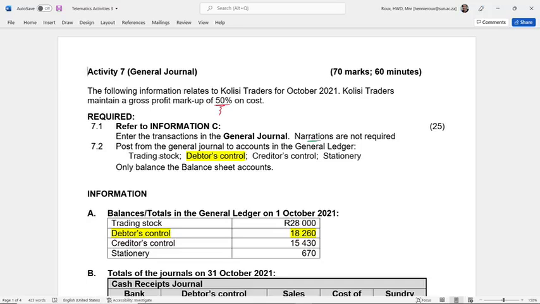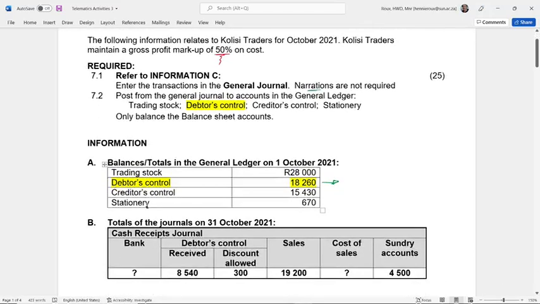And then we must post to these accounts. Now, I want you to add debtors control. They only say trading stock, creditors, and stationery, but I want you to add a debtors control account there. And then also add the balance there to the balances given on the 1st of October, debtors control 18 260.